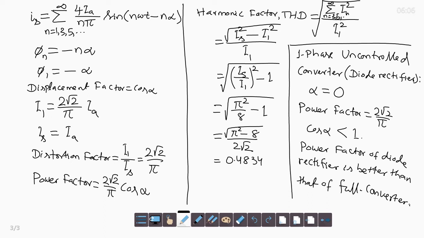So the power factor should be in between that of the diode rectifier and the full converter. So it is expected that the power factor of a diode rectifier is better than that of a semi converter, and the power factor of a semi converter is better than that of a full converter. We have already derived the power factor of the full converter, so let us also derive the power factor of the semi converter.